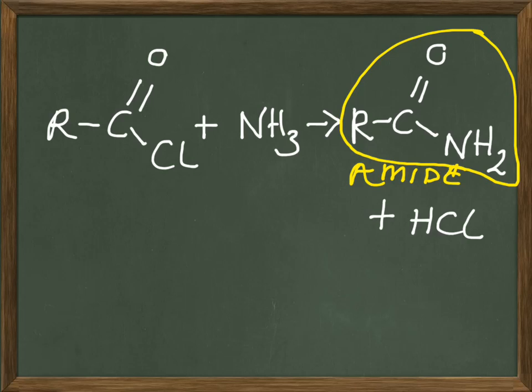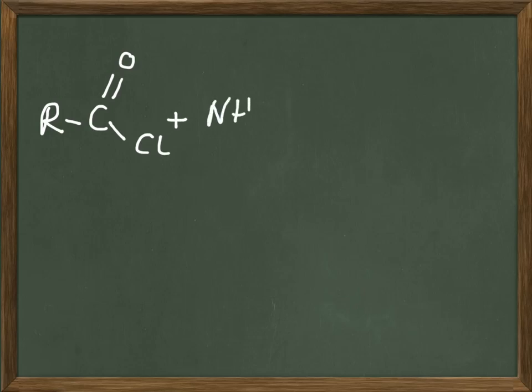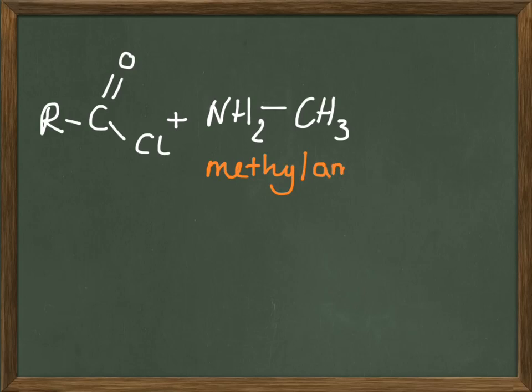Okay, and then there's another one which is very similar to ammonia. So think back to water and alcohol. They're incredibly similar reactions, except instead of a hydrogen you've got an R group in alcohol. Similarly, if you react an acyl chloride with methylamine, this is just like ammonia, except one of the hydrogens has now got an R group on it. So you've got NH2, this is methylamine I've done here. But it could be any R group.